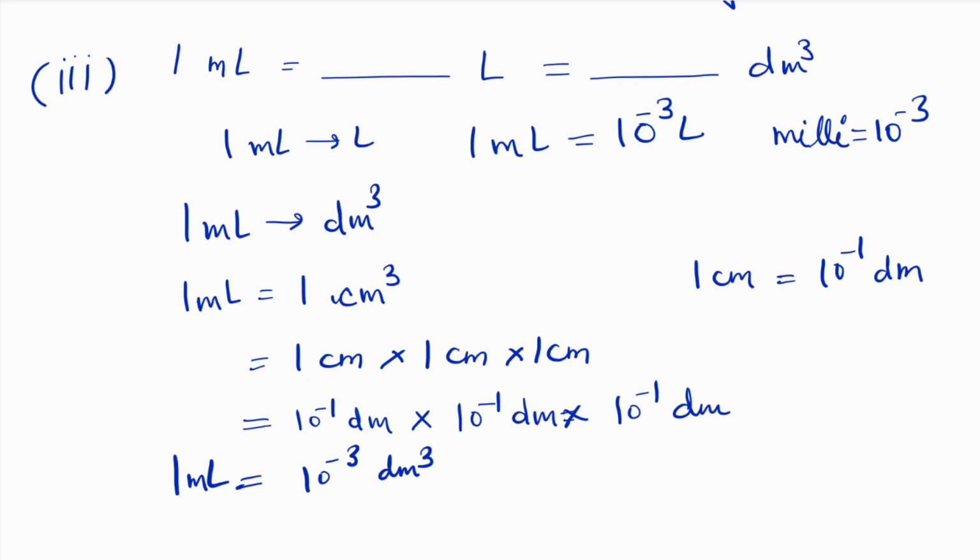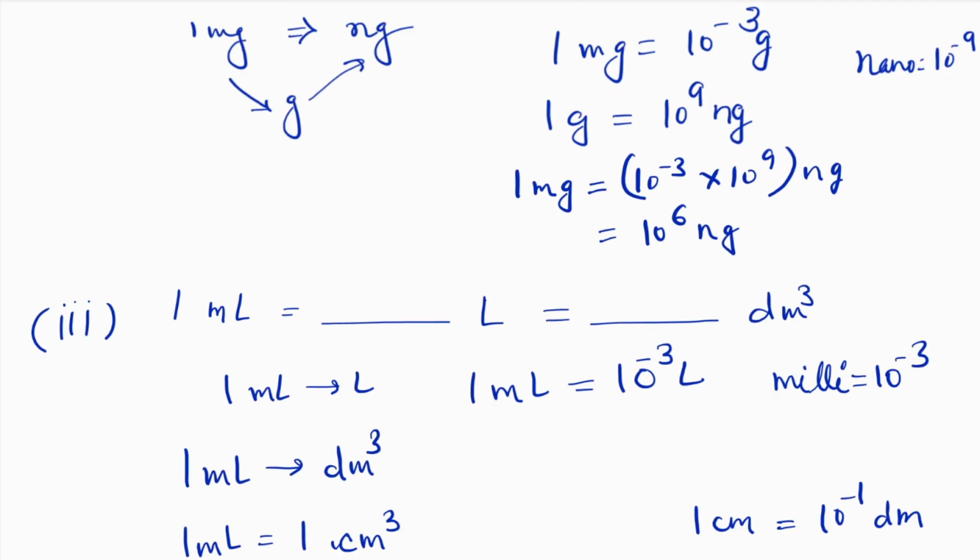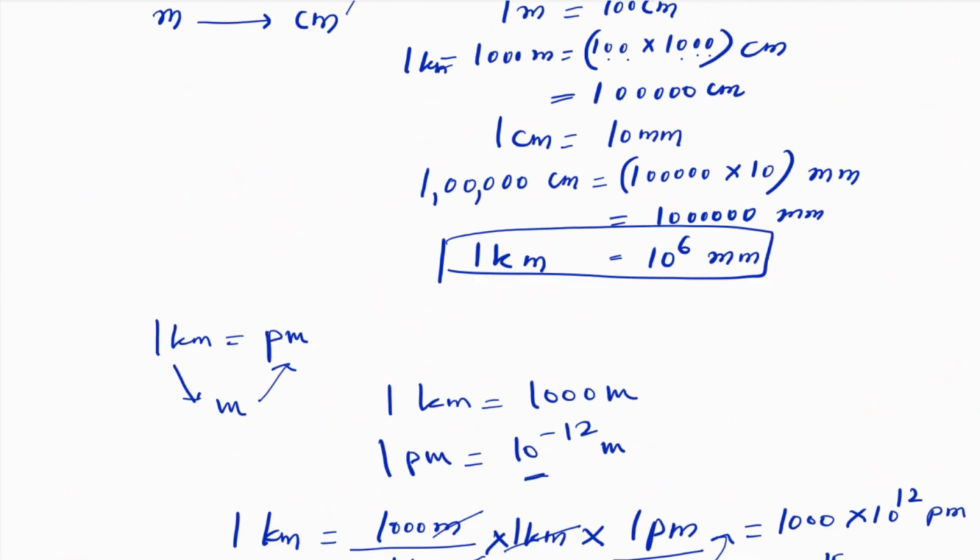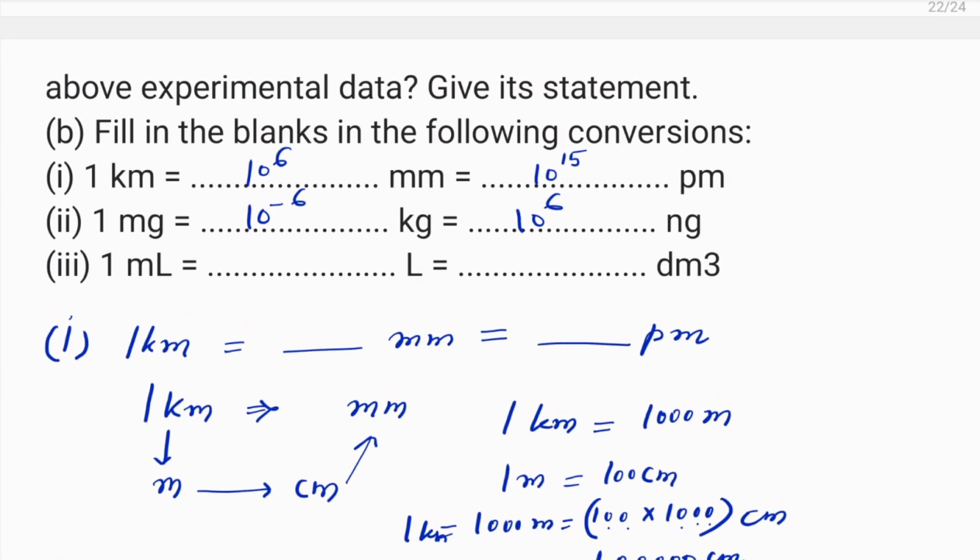So this is how milliliter is converted to liters and decimeter cubes. The answer will be 1 milliliter is equal to 10 raised to power negative 3 liter and 10 raised to power negative 3 decimeter cube.